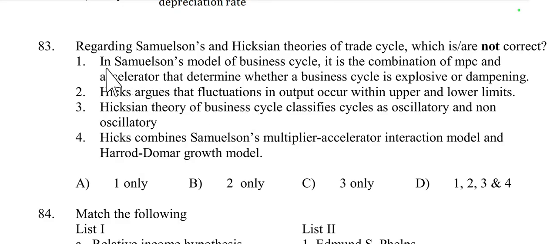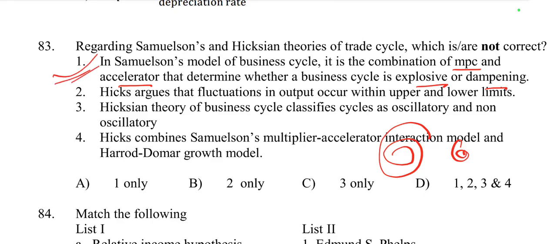First option: in Samuelson's model of business cycle, it is the combination of MPC, the marginal propensity to consume, and the accelerator that determines whether a business cycle is explosive or dampening. Yes, so option A is right here.